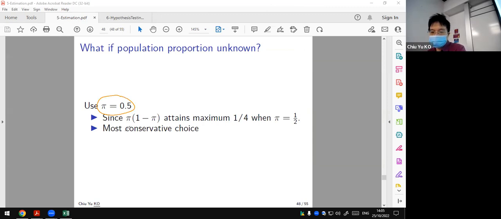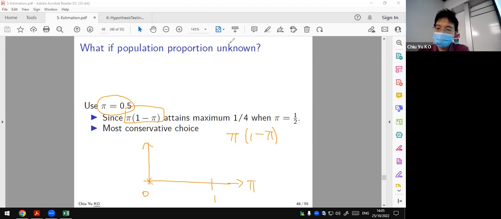Because 1/2 will maximize this term. If you remember the graph, if you try to draw pi times 1 minus pi, pi must be from 0 to 1, because it's a proportion. The graph will be like this, and this is 1/2.